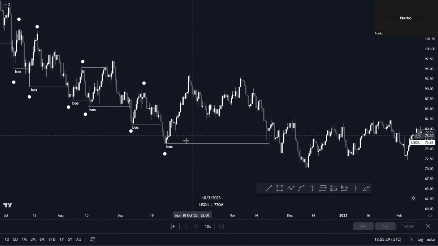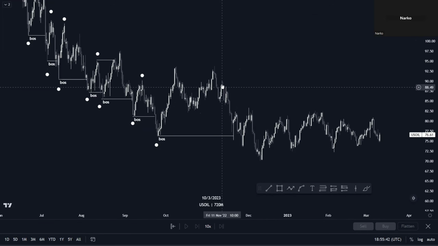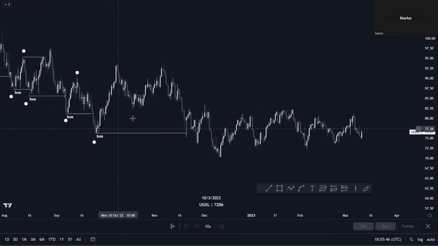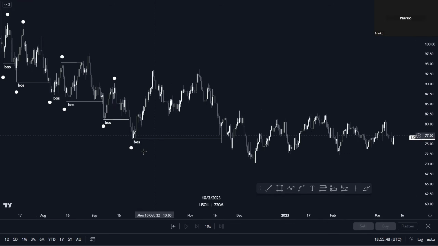And this here will be our lower low. Let me just finish up this trend. Price created this lower high here.